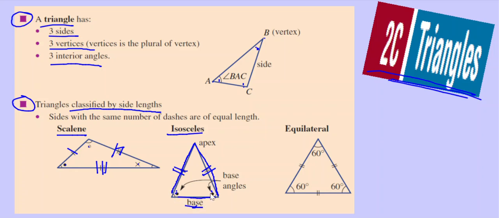The two angles in the two corners there are equal. And then the last one, we've got an equilateral triangle. Equal meaning all the side lengths are the same length and all our angles are the same size, hence being equilateral. So there are three major types of triangles.